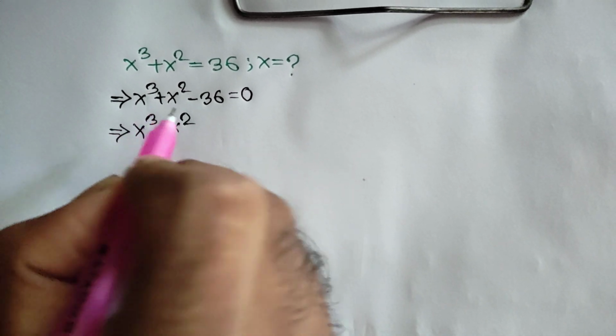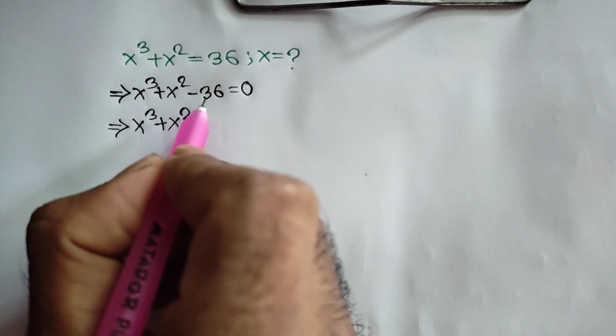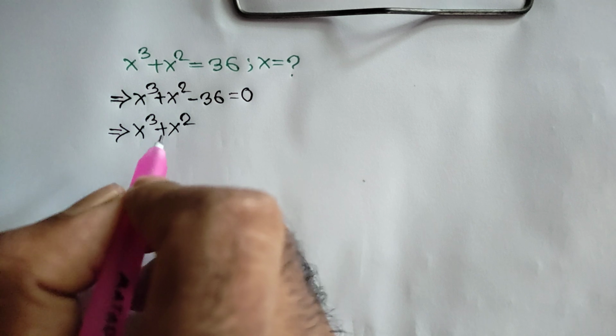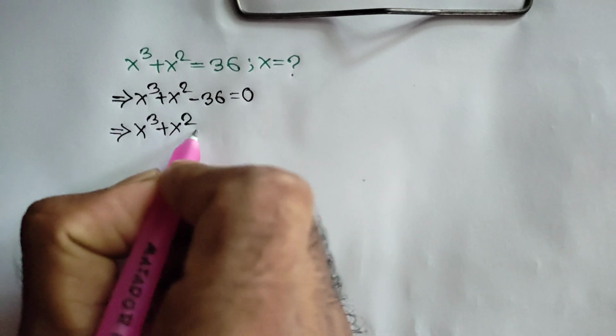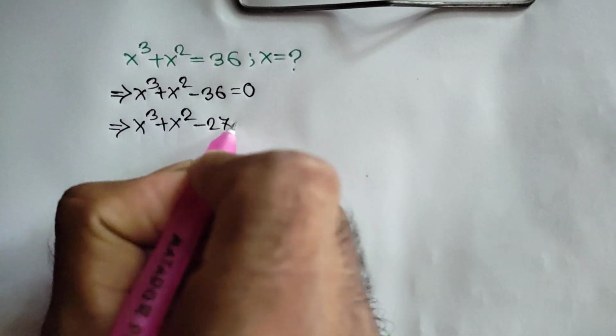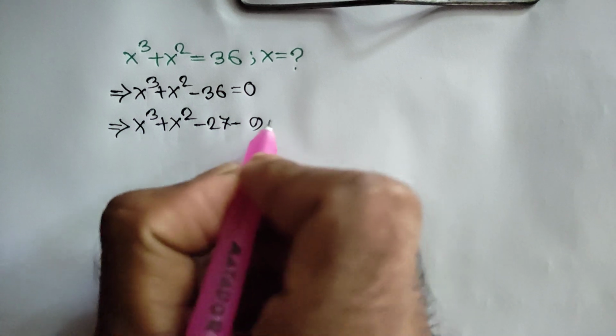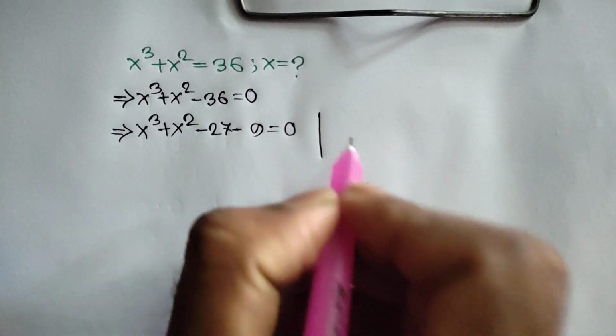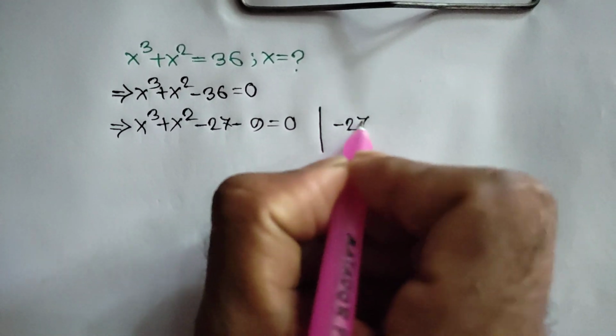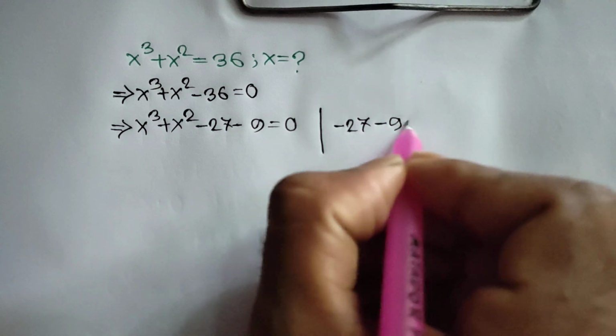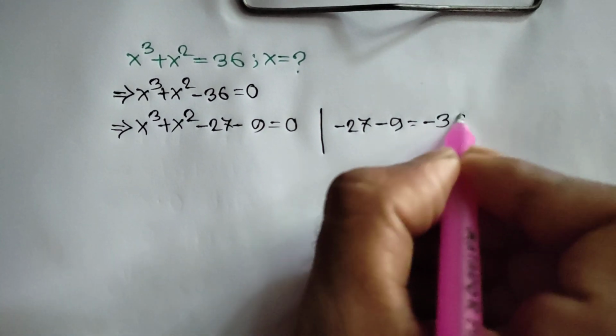Attention here, the nearest cubic number to 36 is 27, so we can write minus 27 minus 9 is equal to 0, because negative 27 and negative 9 make negative 36.